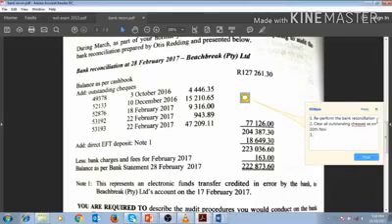The third one, I am going to trace all entries from the cash book for December.